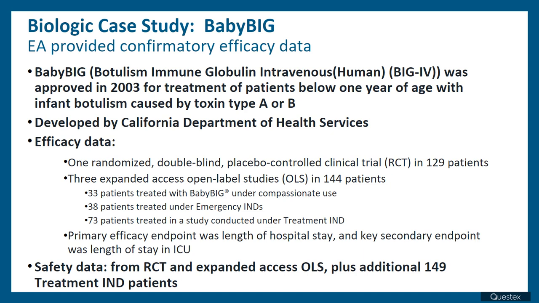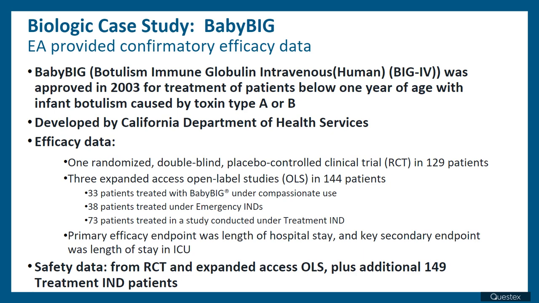The interesting and compelling thing from an expanded access standpoint is that the development program for this product relied upon 1 randomized controlled clinical trial involving 129 patients. But then for efficacy, it relied upon 144 patients coming from some open label expanded access studies under compassionate use and emergency and treatment INDs.